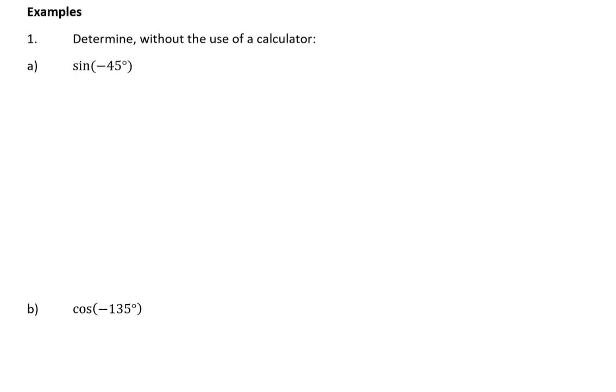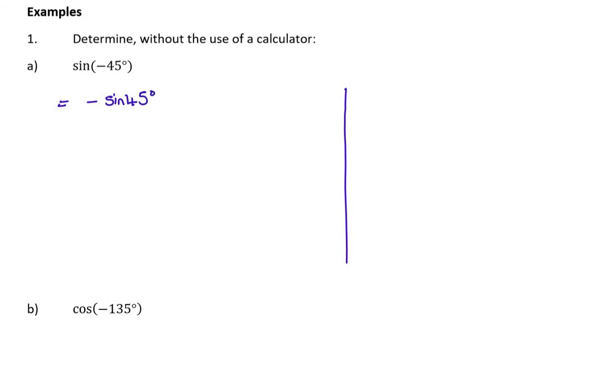So this question says, determine without the use of a calculator, and the first one is sine of negative 45. Now I'm going to show you two different ways of doing this. If I divide my page in half, the first way is just to say sine of negative 45 equals negative sine 45 degrees. Now what am I using there?